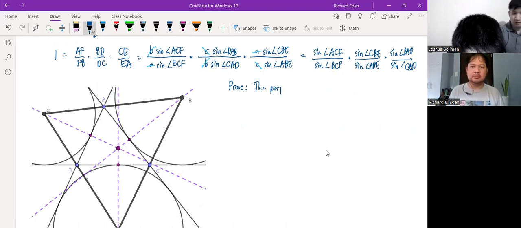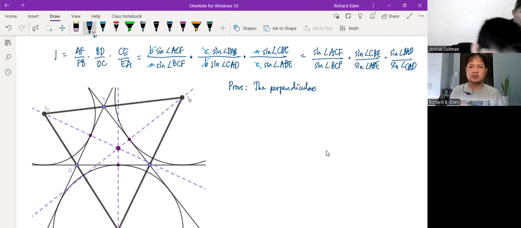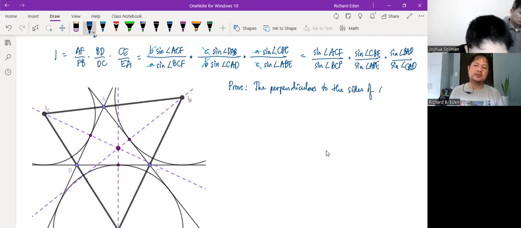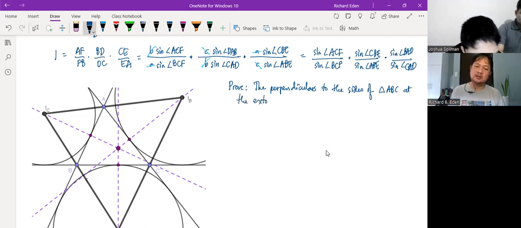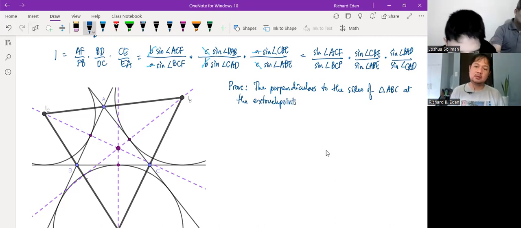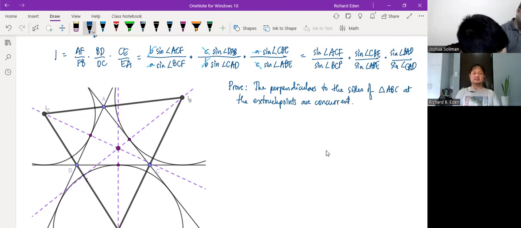The perpendiculars to the sides of triangle ABC at the X touch points are concurrent.